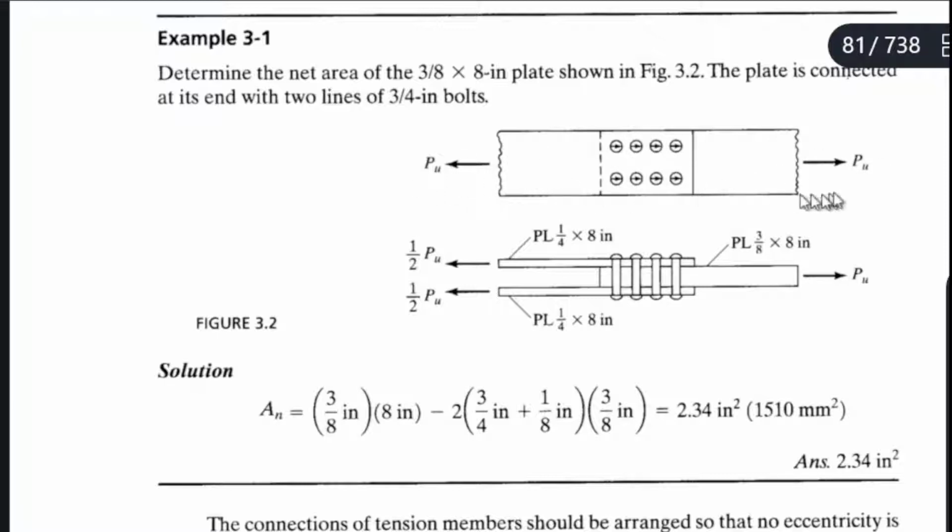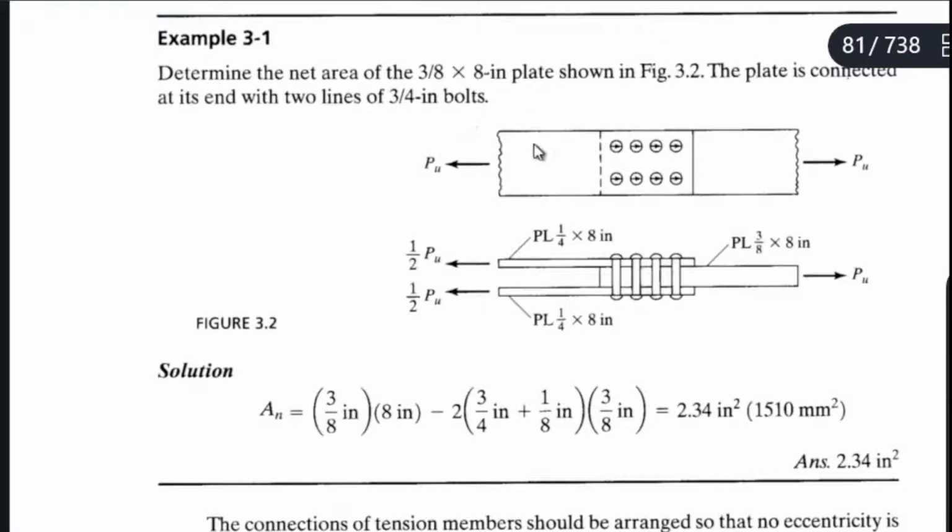We are actually using the term tensile force, or just the word tension. It means the force. So, tension, P sub U, tension, P sub U. We are in equilibrium.